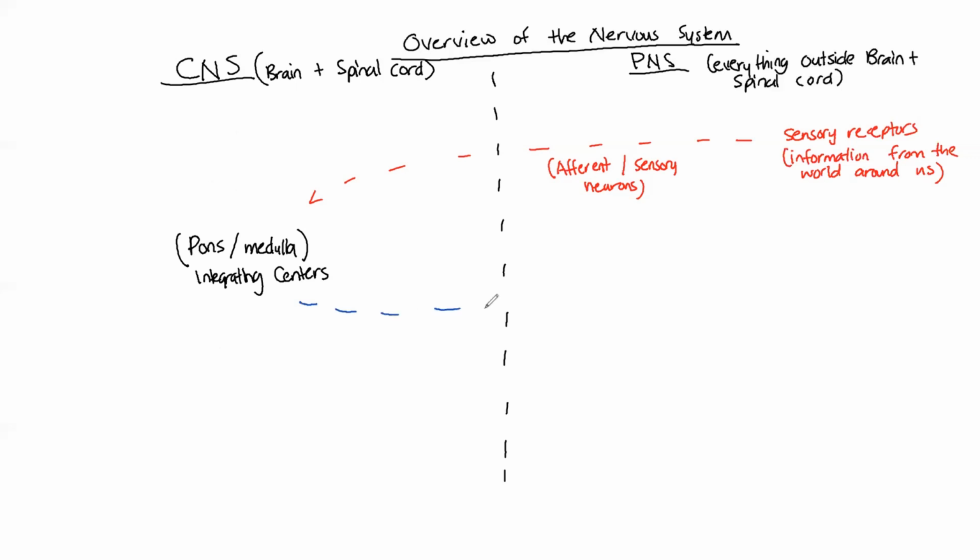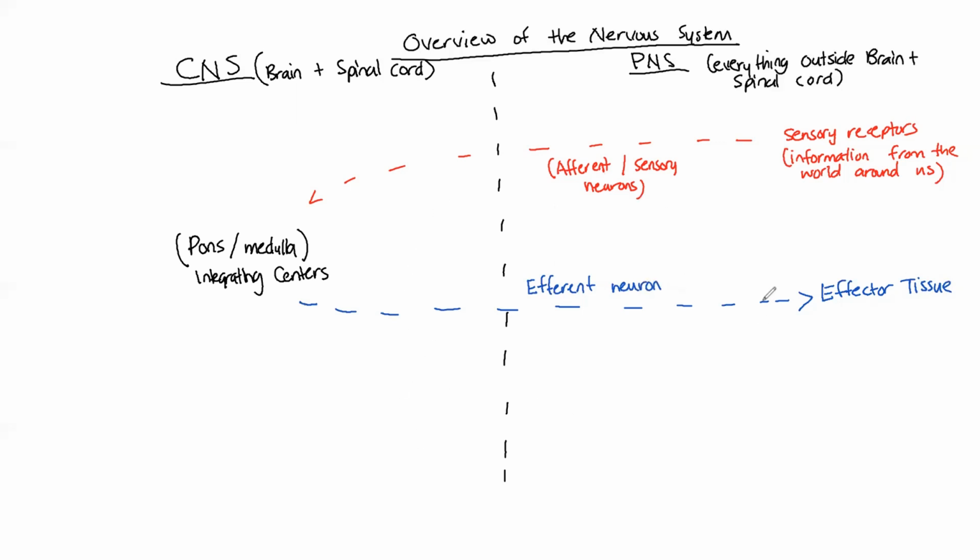This goes from the pons and medulla in the opposite direction out towards our effector tissue, which is also in the peripheral nervous system. This is an efferent signal, or we can think about it as being on an efferent neuron.